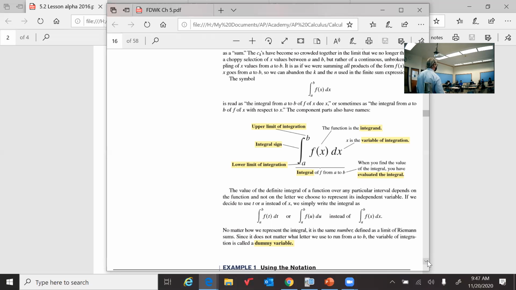Now think about what that means. See, in 5-1, what happened? We did LRAM, RRAM, and MRAM. And you saw if you did delta x was 1, we got an underestimate, overestimate, and something in between. Then they made delta x smaller. They made it 5/10. And we have software to share with you.